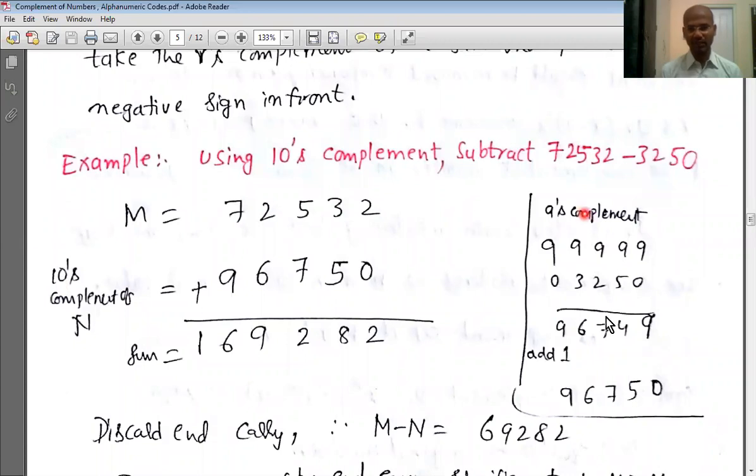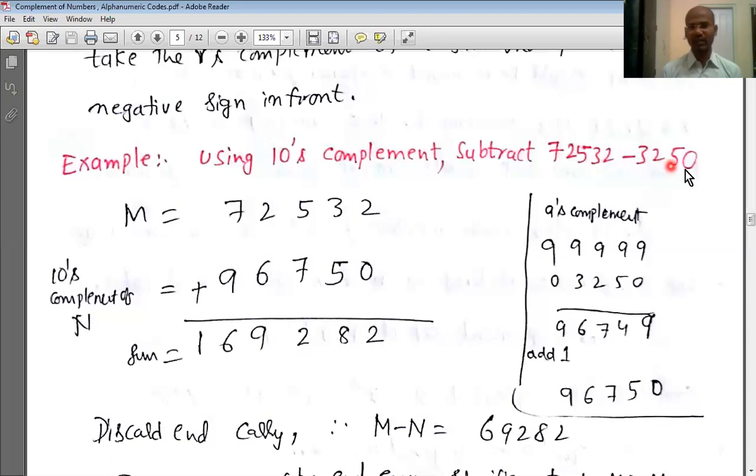That is shown here. First of all, find the 9's complement. How many digits are there here? 1, 2, 3, 4. But in the first number we have 1, 2, 3, 4, 5. If this is the case, we have to consider 5 digits for the second number, n, also. So although we have only 4 digits for n, we should add 0 to make this number equal to the number of digits present in m.